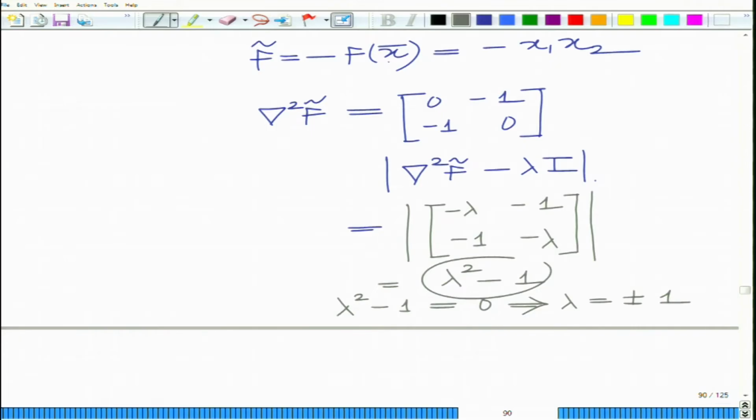Again the Hessian of f tilde is not positive semi-definite, which means f tilde is not convex, and therefore f is not concave. Remember, f is concave only if f tilde, that is minus of f, is convex.